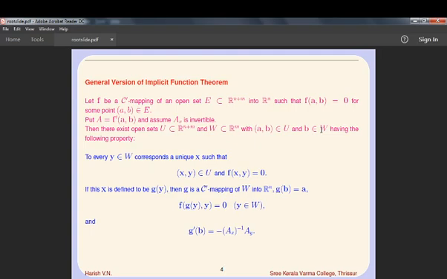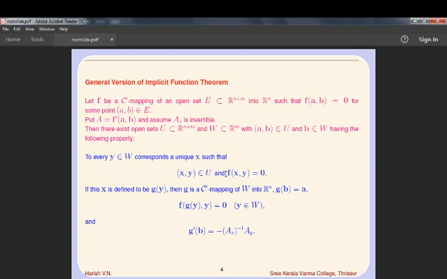Essentially you are looking locally at b. Locally means in a neighborhood you are looking at, and for each point in that neighborhood, you can find a unique x such that f of x comma y is equal to 0. So x as a function of y we can write, but that is locally, not globally.